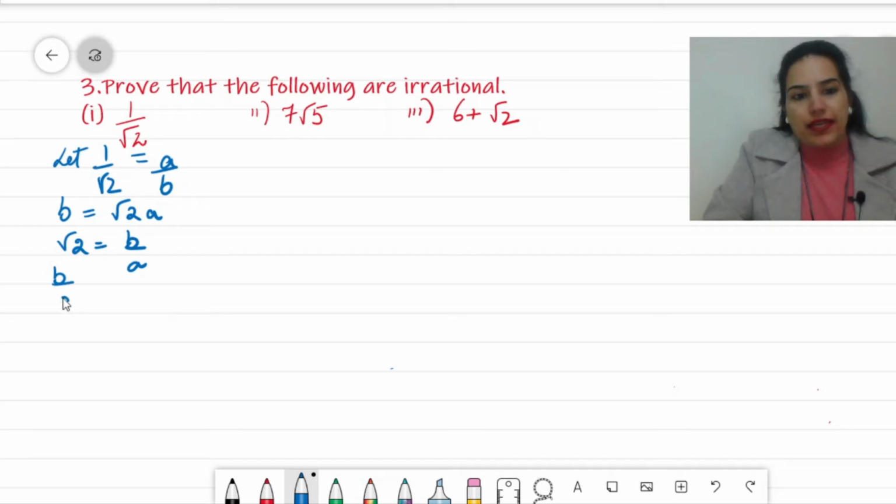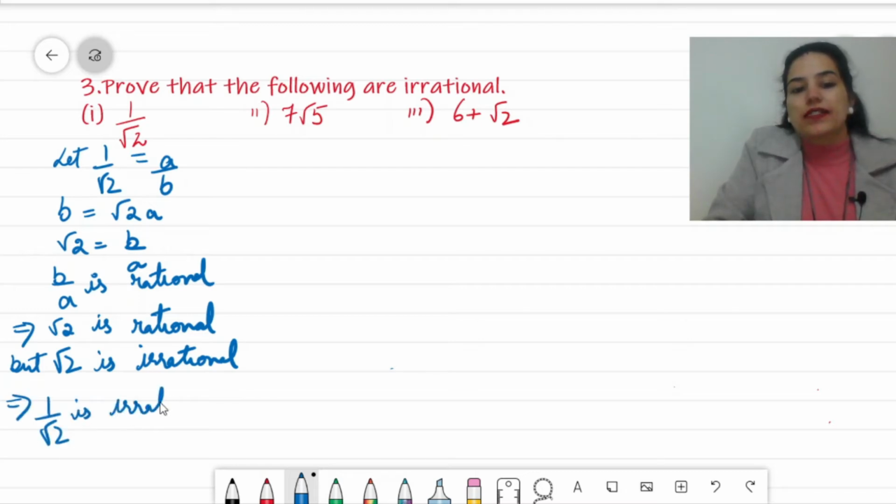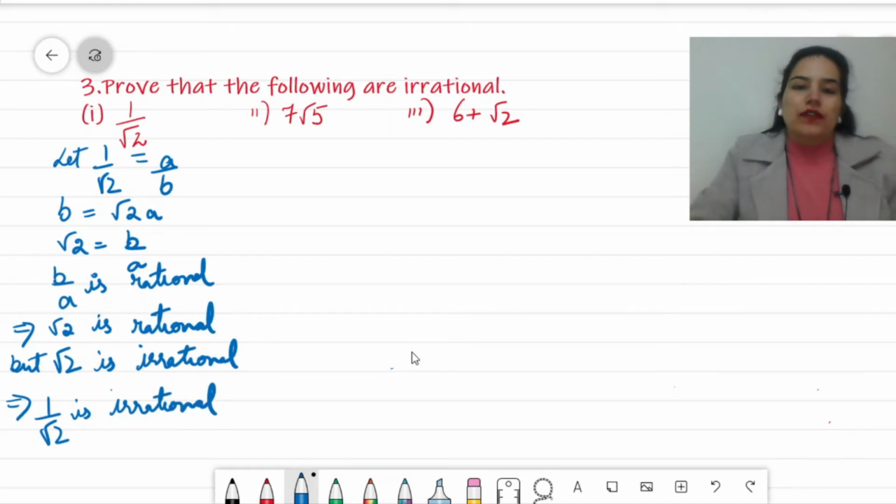Now b by a is rational, which implies that root 2 is rational. But we already know that root 2 is irrational, which implies that 1 by root 2 is also irrational, as our assumption was incorrect.